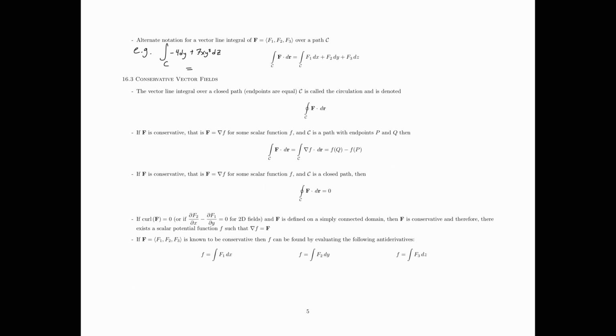This would be the integral over C of f dot dr, but what's our vector field? Our vector field, there's no dx here, so that means the x component must be 0.